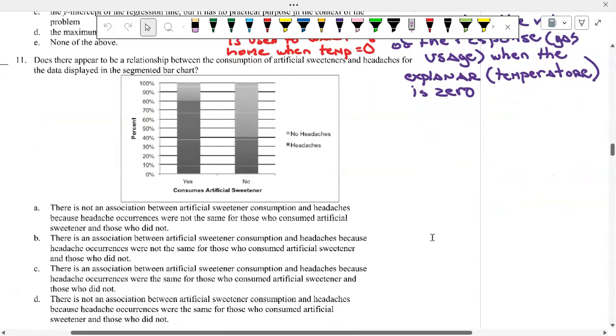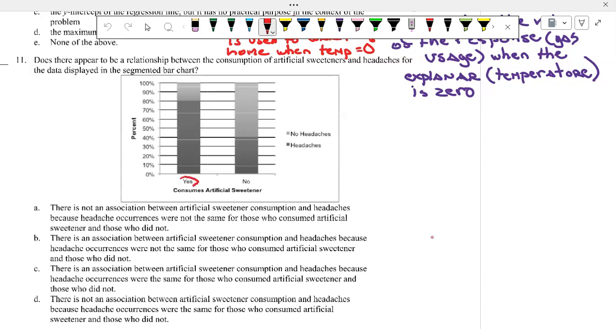Number 11 is asking, does there appear to be a relationship between the consumption of artificial sweeteners and headaches? If you look at this, for the folks that consumed an artificial sweetener, 80% of those people got a headache.